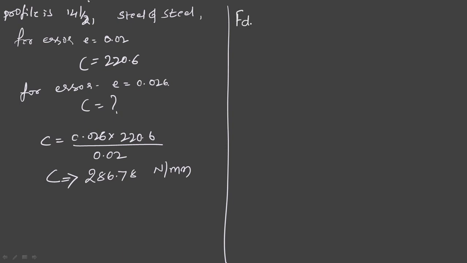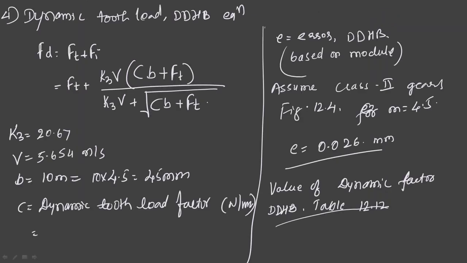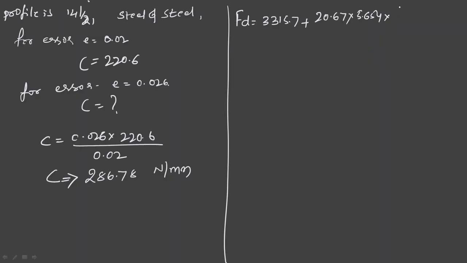Now substitute it in the dynamic tooth load equation. FD equals 3015.7 plus 20.67 into 5.654, in bracket, C is 286.78 into 45 plus 3315.7.